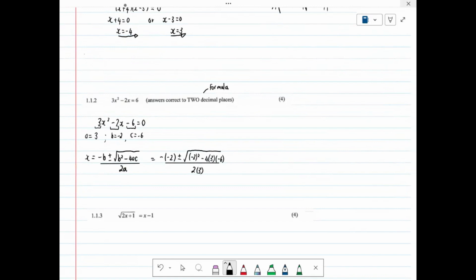We can simplify this further if you'd like. So minus 2 times minus 2 is 2, plus or minus the square root of minus 2 squared is 4, minus 4 times 3 times minus 6 is plus 72, all over 6. So to get our two solutions, one will be the positive answer and the other will be the negative.